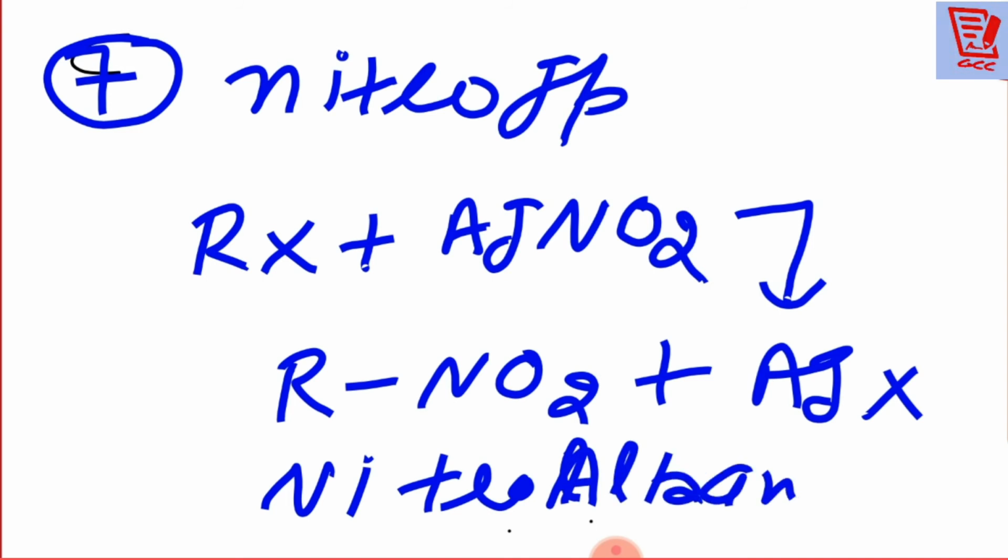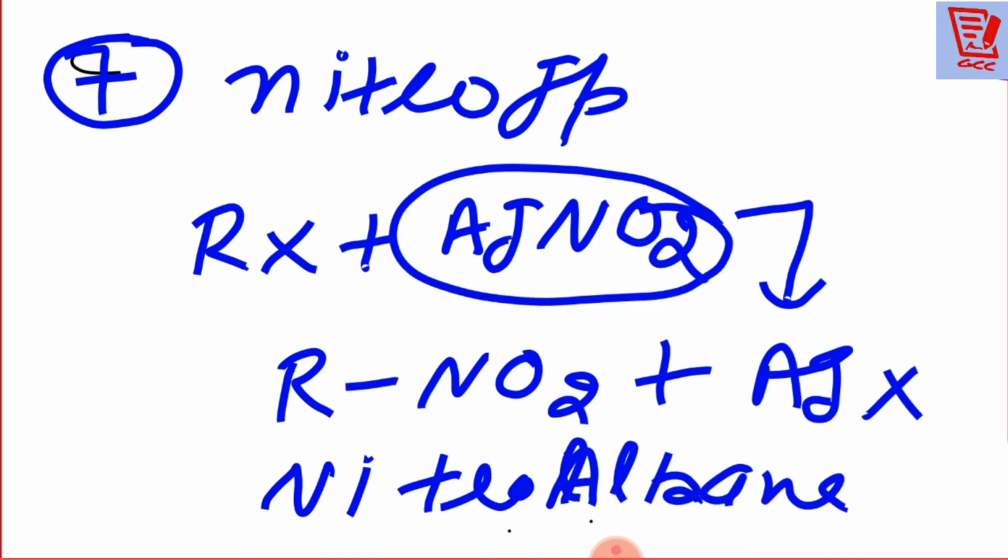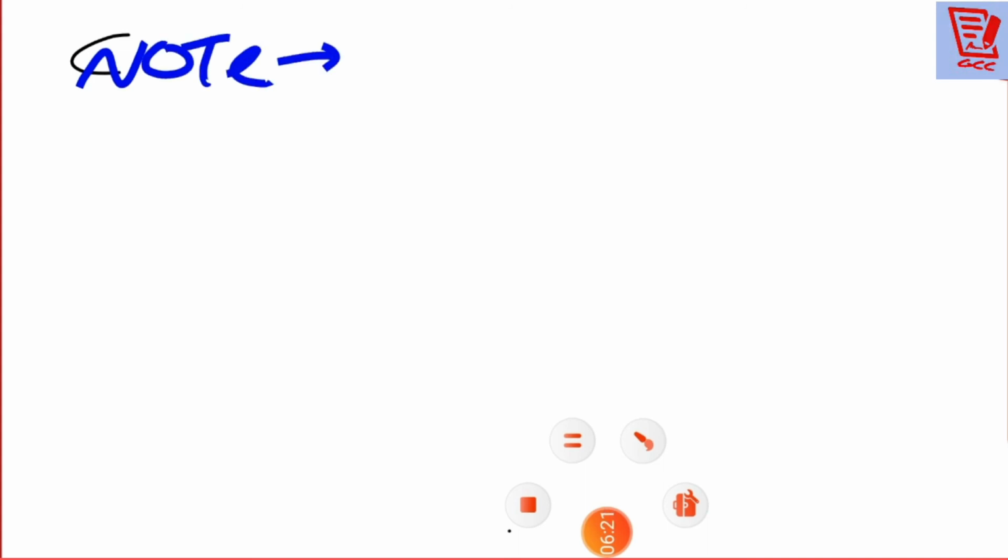Then the question arises that with AgNO2 we are getting nitroalkane, but with KNO2 we are getting alkyl nitrite. Yes or no? Then after that, see all of you, this question that we have to discuss here. A very important question. What is that question?